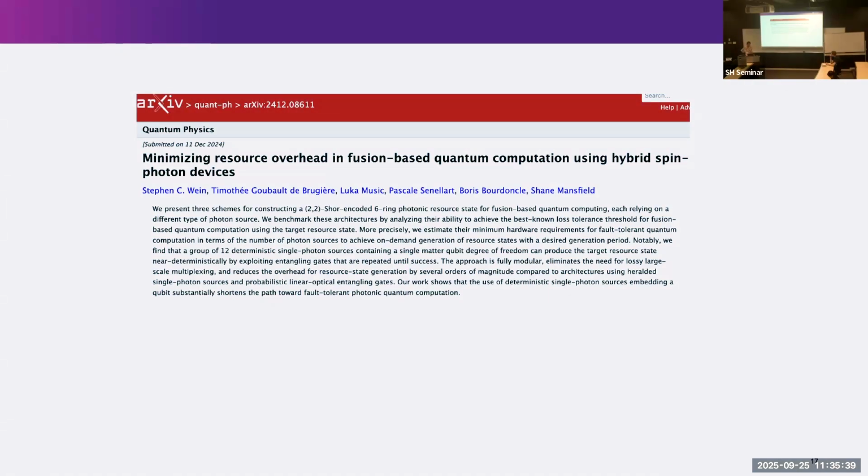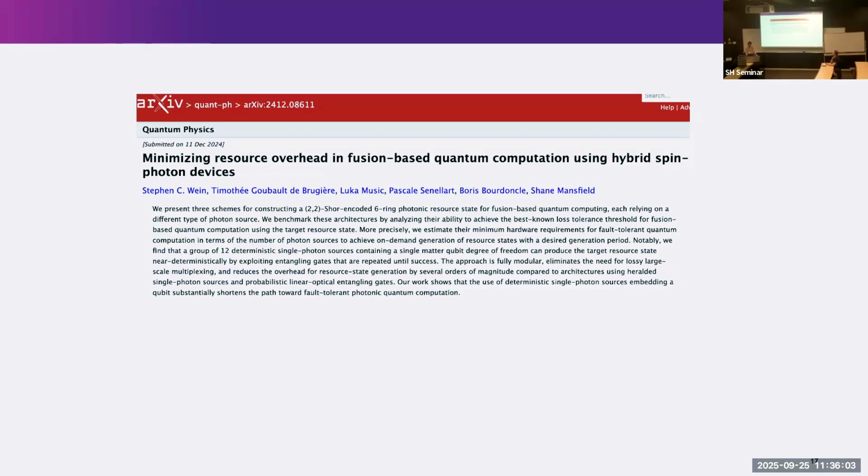It emits a photon. So they do some coupling between the spin and the photon, and they claim in this paper that you can minimize the resource overhead if you do it this way. I think I visited them in February. They said it's like orders of magnitude, which would be good. So check that out as well.